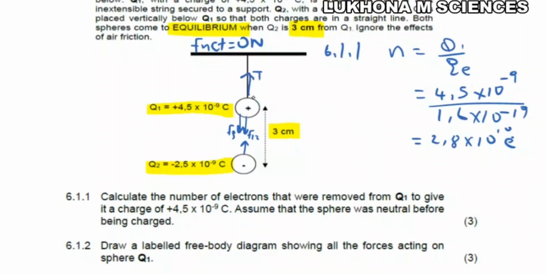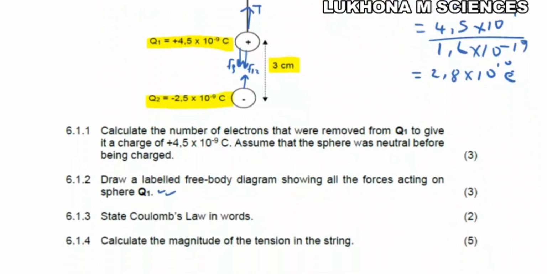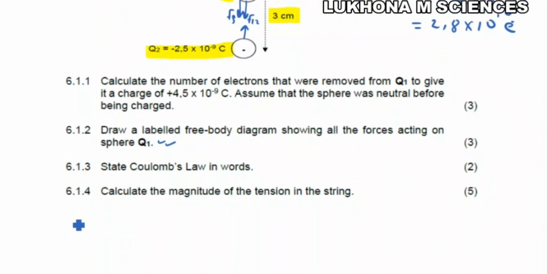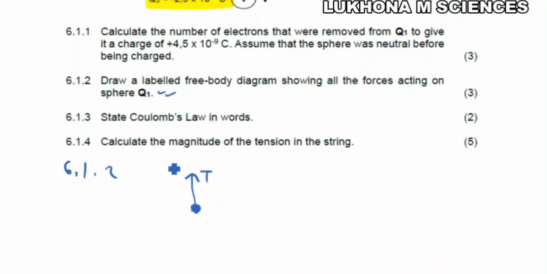The question says draw a labeled free body diagram showing all forces acting on Q1, so that is 6.1.2. In the free body diagram, tension is going up, then downwards we have two forces, which are Fg and the force between 1 and 2, that is the electrostatic force.